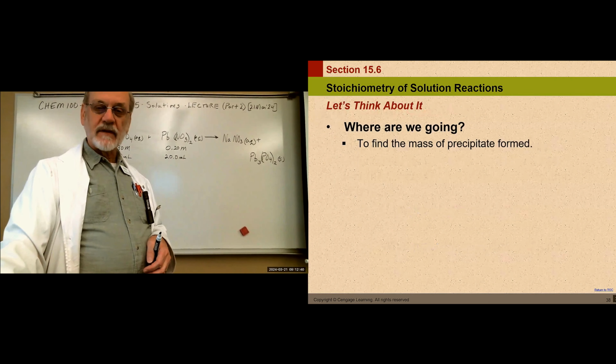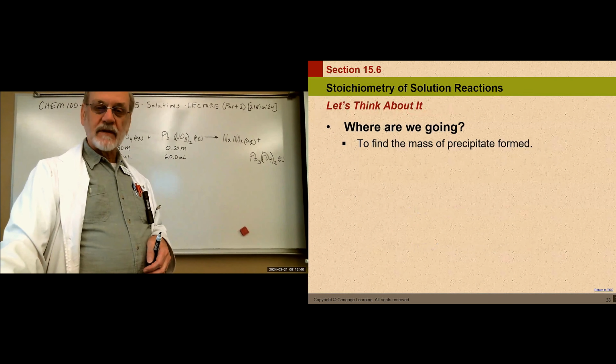All right, let's go for lead. We need 3 leads. So that gives us 3 leads, and we need 2 phosphates. So now we have 2 phosphates, and we have 6 sodiums.